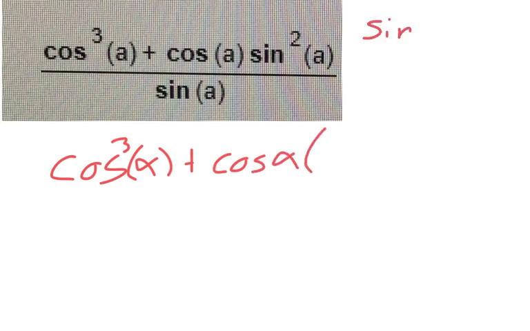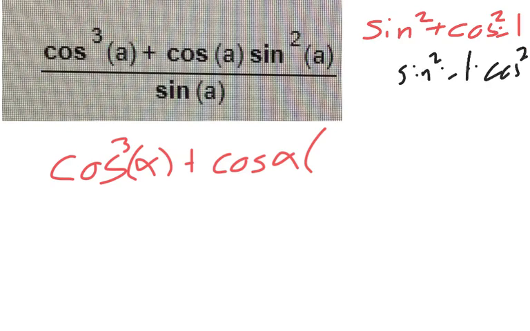But because I know sine squared plus cosine squared equals 1, I can rewrite that to say sine squared equals 1 minus cosine squared. So here where I used to say sine squared, I can substitute in 1 minus cosine squared of alpha. Okay, so this is the first answer there.